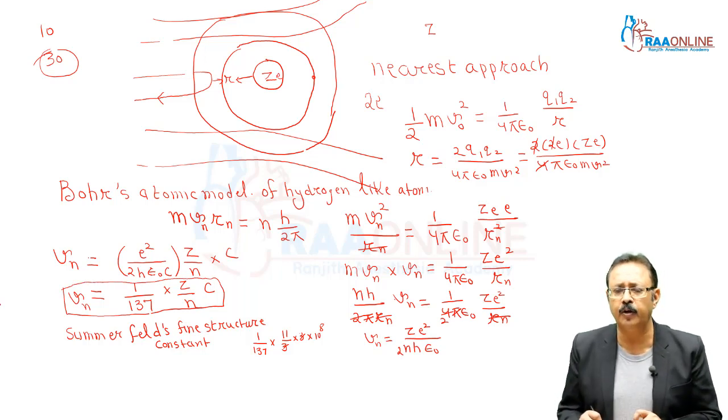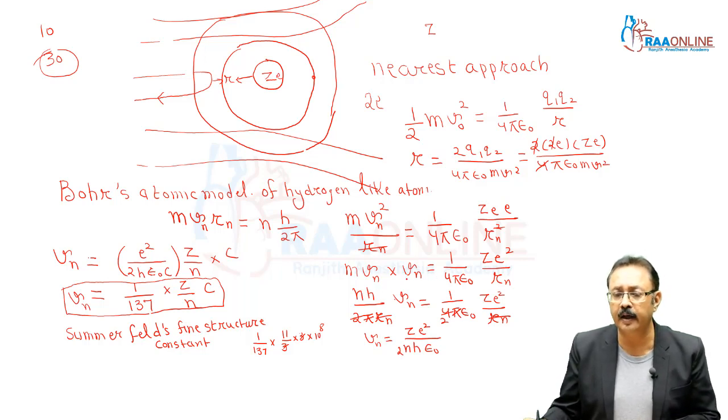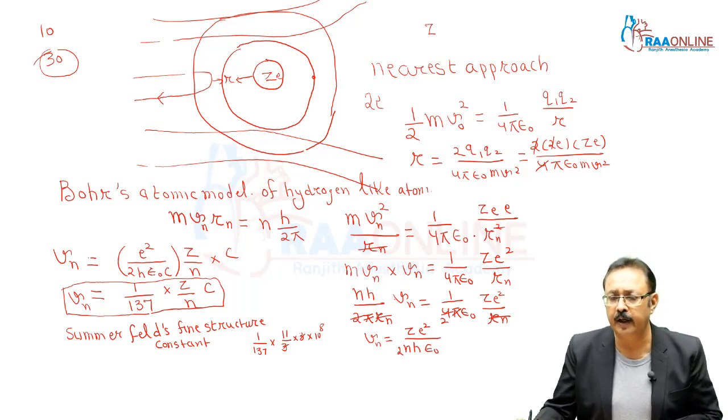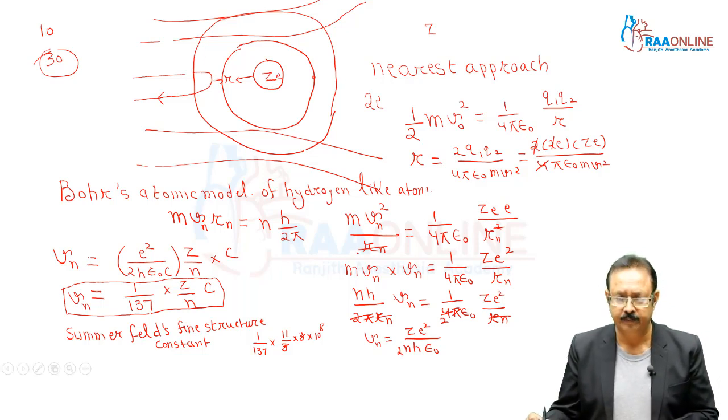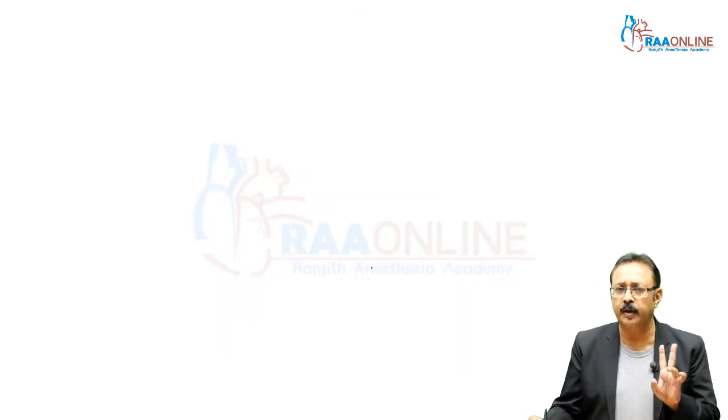If we put the value of Vn in any relation, suppose the relation in which Rn was there, we are able to calculate the value of Rn. In the next page we will discuss Rn. We are using two concepts.